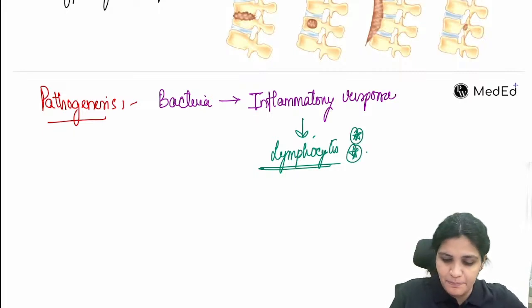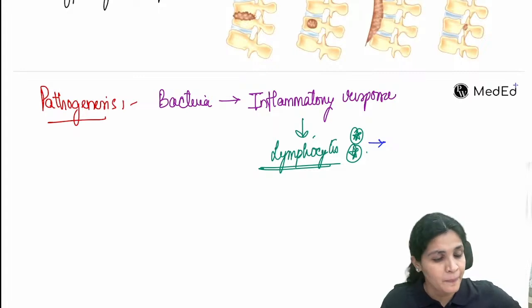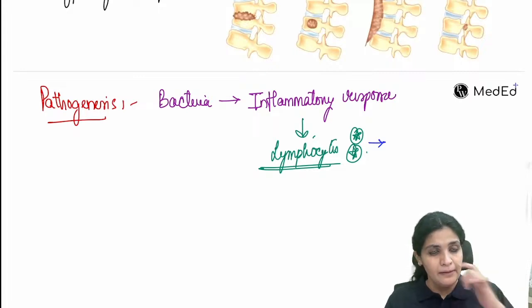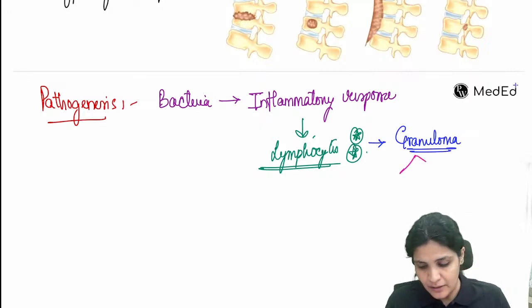And what is the peculiar thing about TB? On biopsy, what do you see? Formation of granuloma, where you have what?